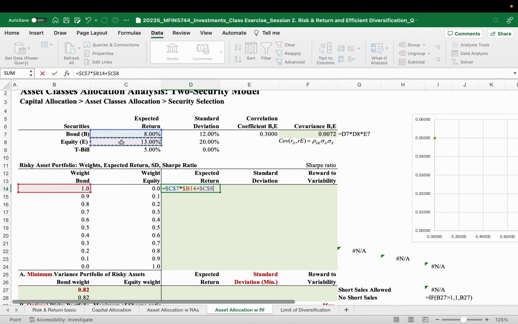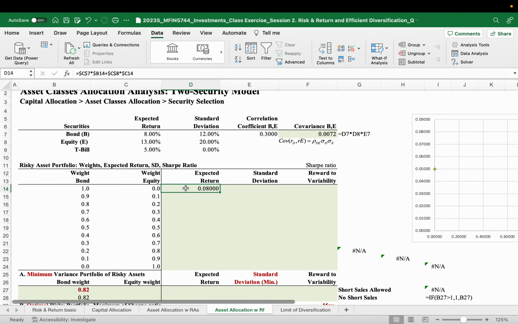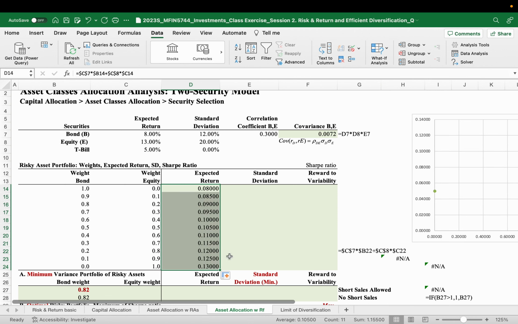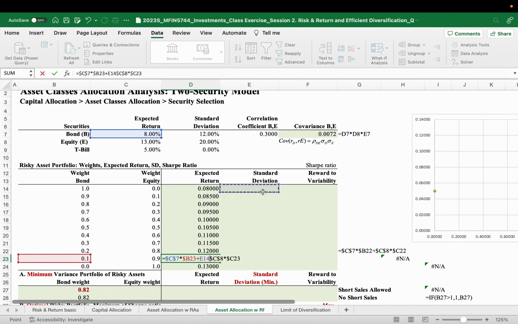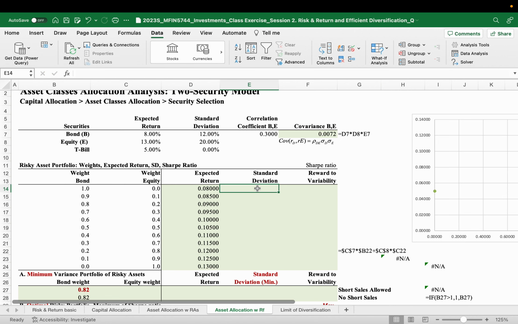We want to fix times now the weight of the equity. Now we finish this expected rate of return on each case, on the weights here.